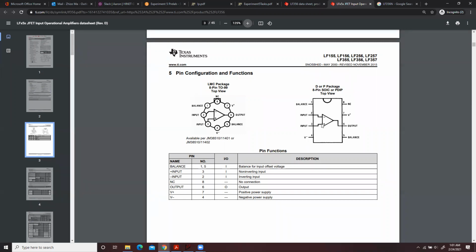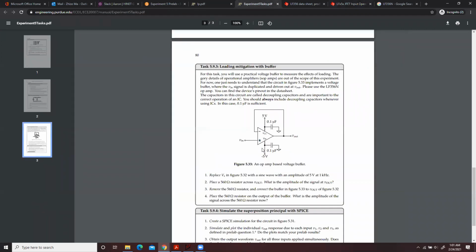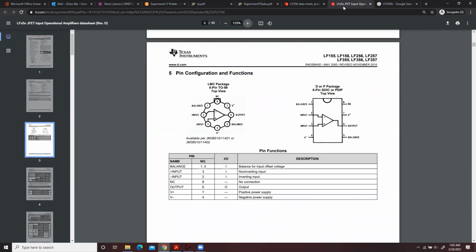Pin 3 is the positive input, pin 2 is the negative input. And then VCC and VSS are the power supply for this chip, corresponding to pin 7 and pin 4, which are V plus, the positive power supply, and V minus, the negative power supply.